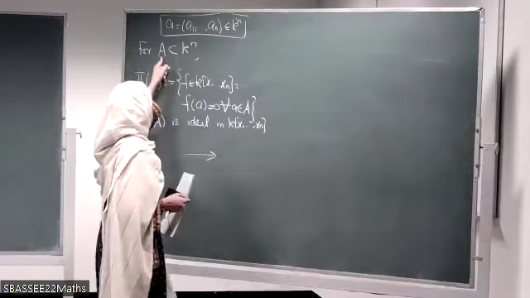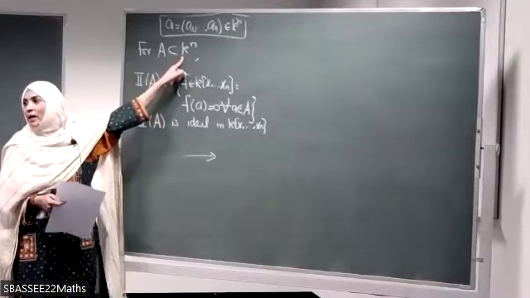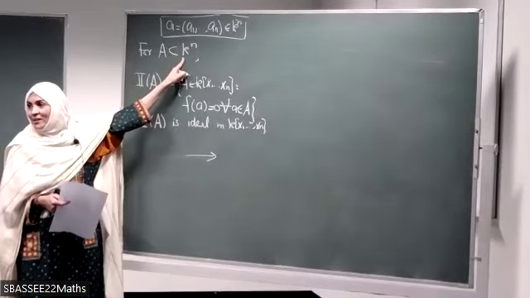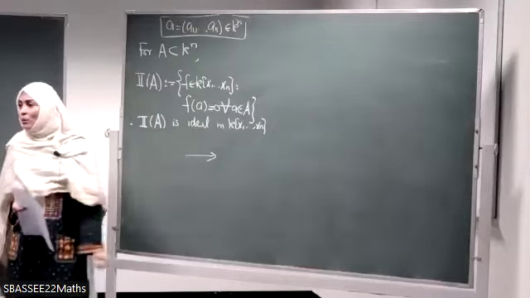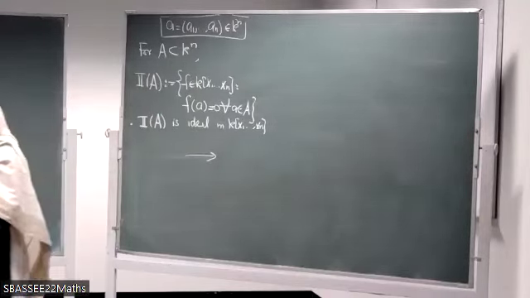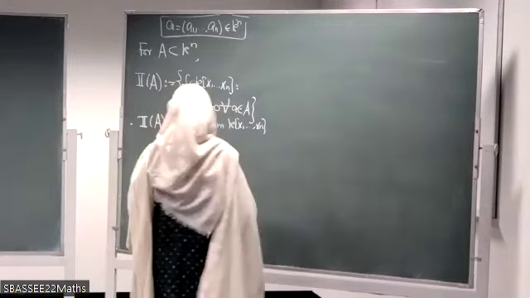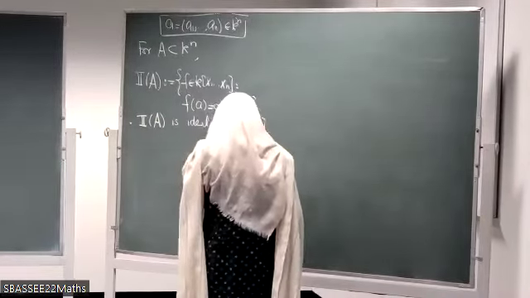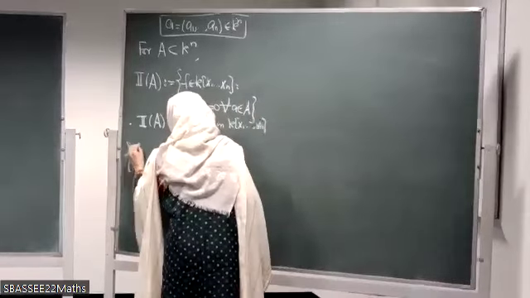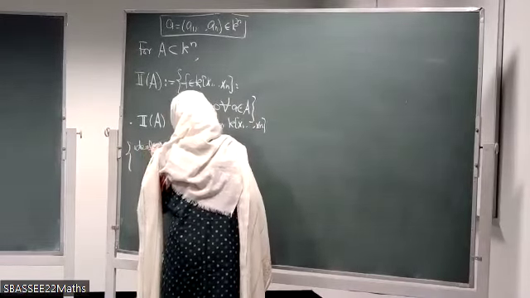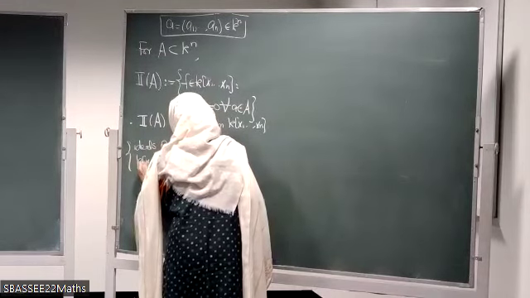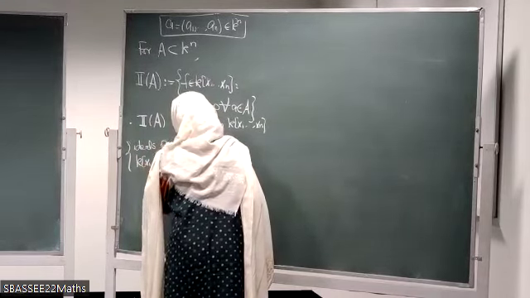Look here, because I have considered A not equal to K^n, you will always get that it is non-empty. Of course, I need to justify that, which I will do in a moment. But we always have the zero polynomial in the ideal. So here we have a collection of ideals.